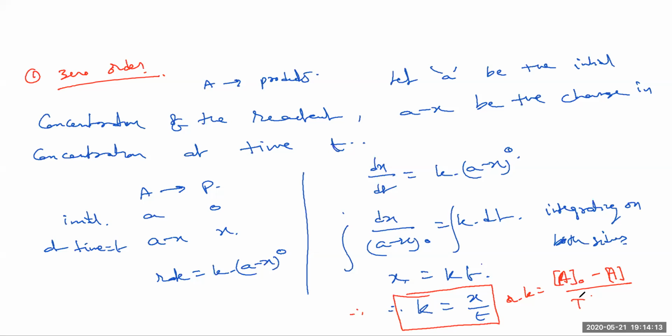Here A naught means concentration of the reactant at time t is equal to 0, and concentration of A means change in concentration of the reactant A at time t. Okay, note down.